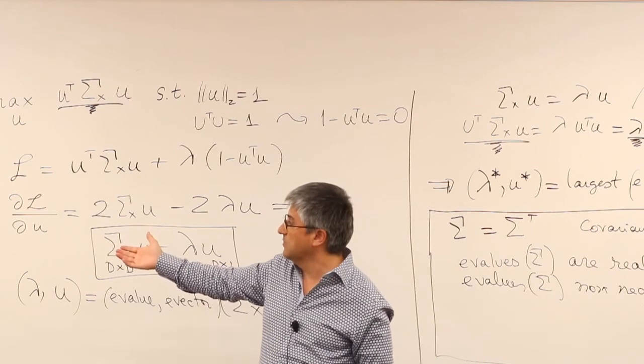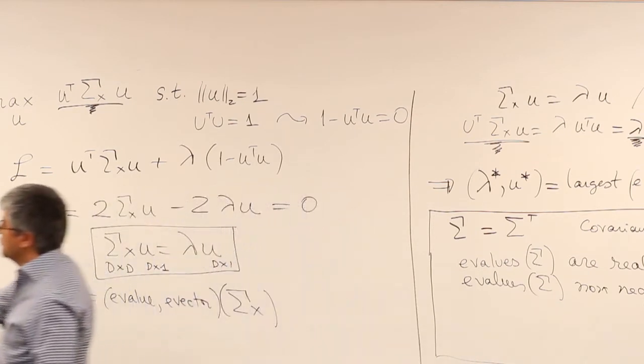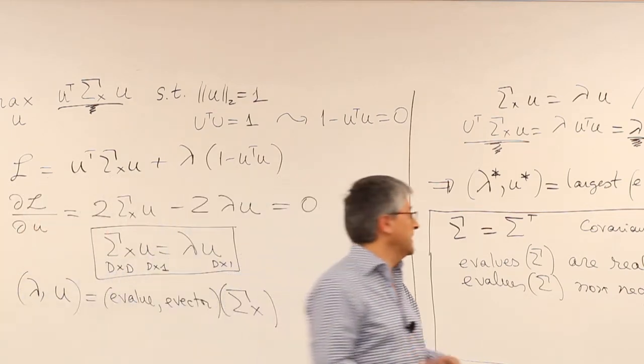And that gives you the U, and that gives you the main direction. And then you compute Y by projecting. You just take every data point and do a dot product with that direction. That's going to give you the first principal component. Is that clear? All right.